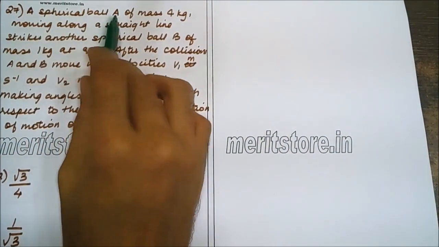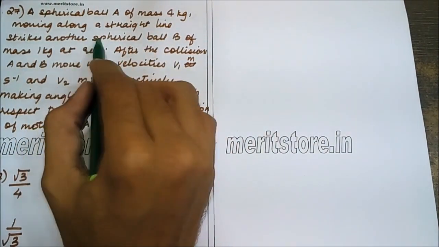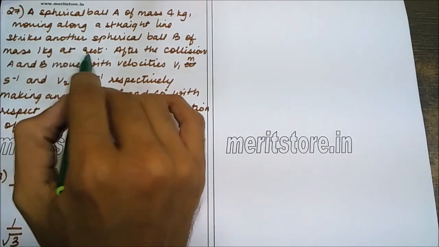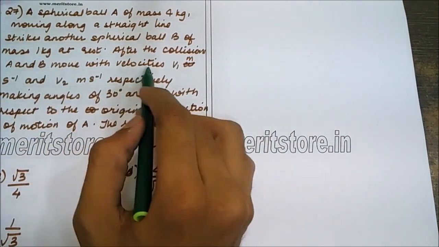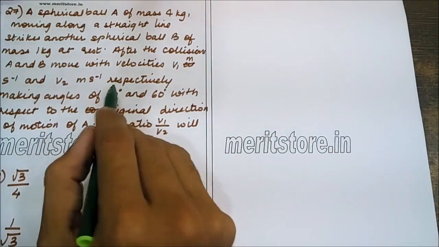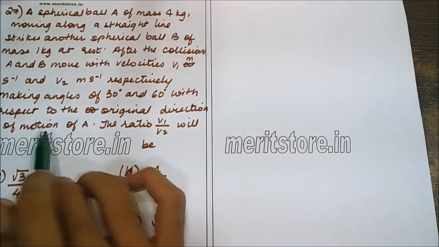A spherical ball A of mass 4 kg moving along a straight line strikes another ball B of mass 1 kg at rest. After the collision, A and B move with velocities v1 and v2 respectively, making angles 30 degree and 60 degree with respect to the original direction of motion.